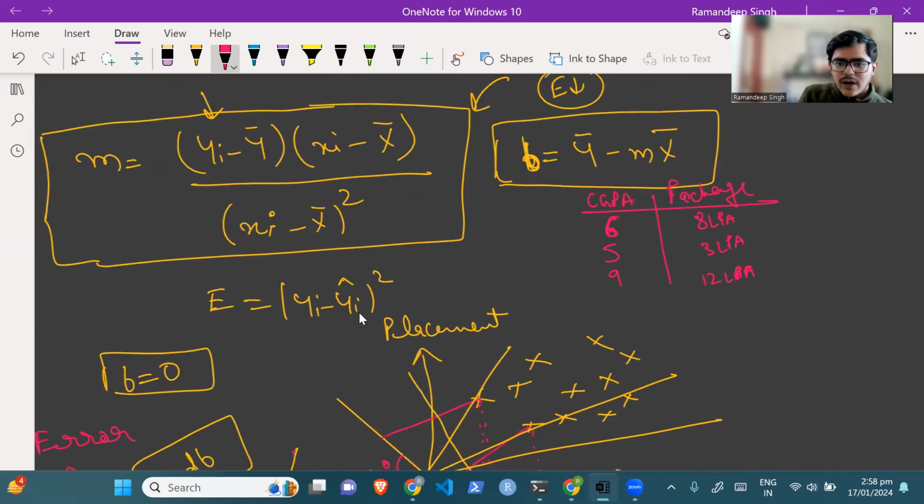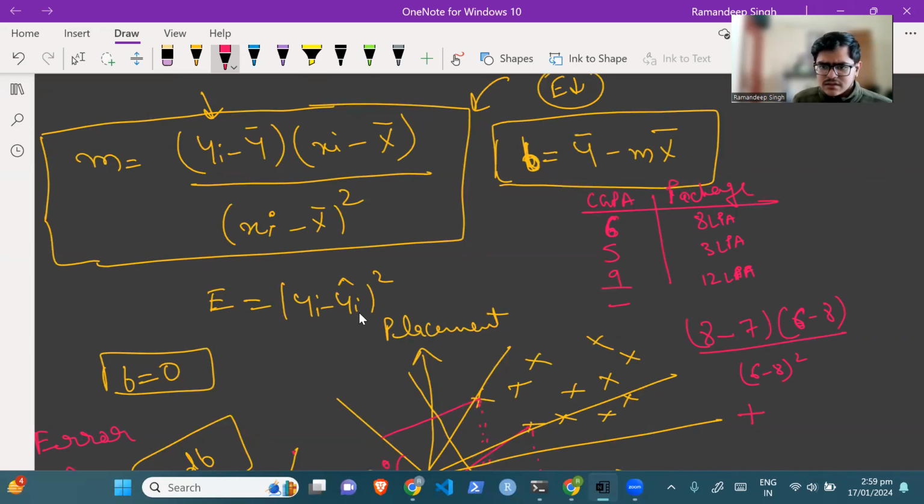It is yi, that is the output, 8, minus the mean of these, suppose it is 7 LPA, multiplied by xi, that is 6, minus the mean of this column, suppose it is 8, whole divided by (xi minus x bar) whole square, that is (6 minus 8) whole square.